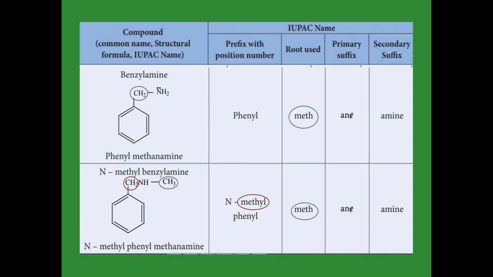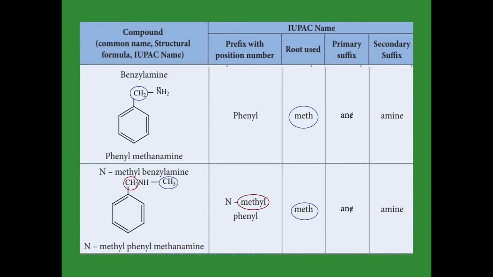The next one, N-methylbenzylamine. For that IUPAC name, the blue color we have to take as the root word. How many carbons does the blue part contain? Only 1 carbon. So meth and single bond ane. And for the remaining part, we have the amine. That amine contains CH2, which we call methyl, and the methyl is attached to the phenyl, so it is called methylphenyl.